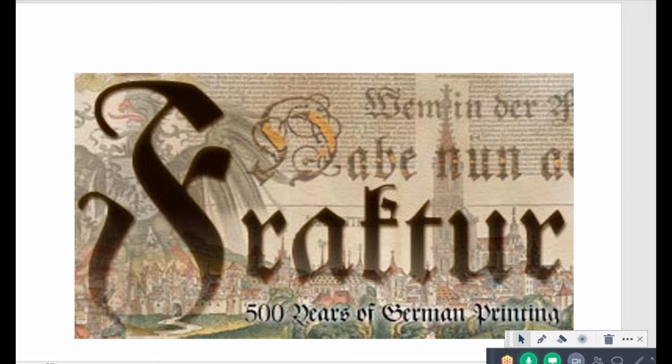It was created when the German Emperor Maximilian, who reigned from 1493 to 1519, decided to establish a splendid library of printed books. And he directed that a new typeface would be created, especially for this purpose.